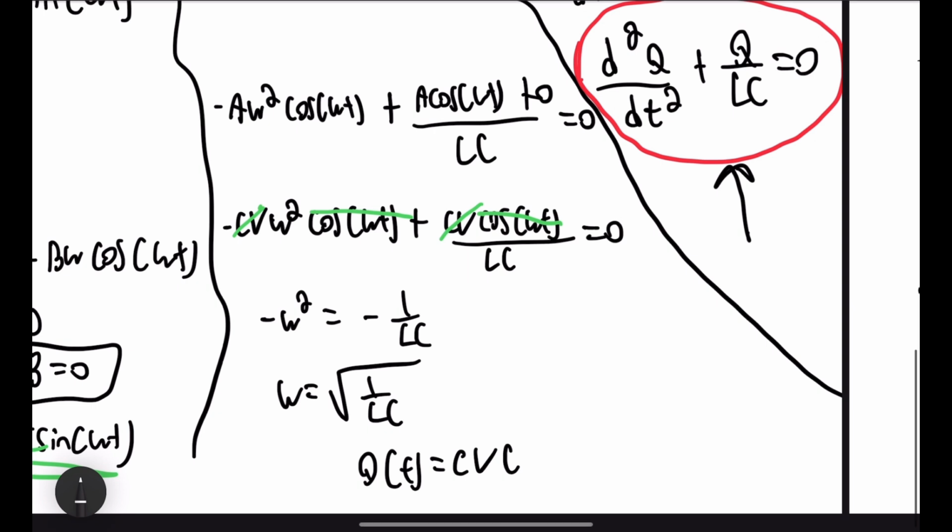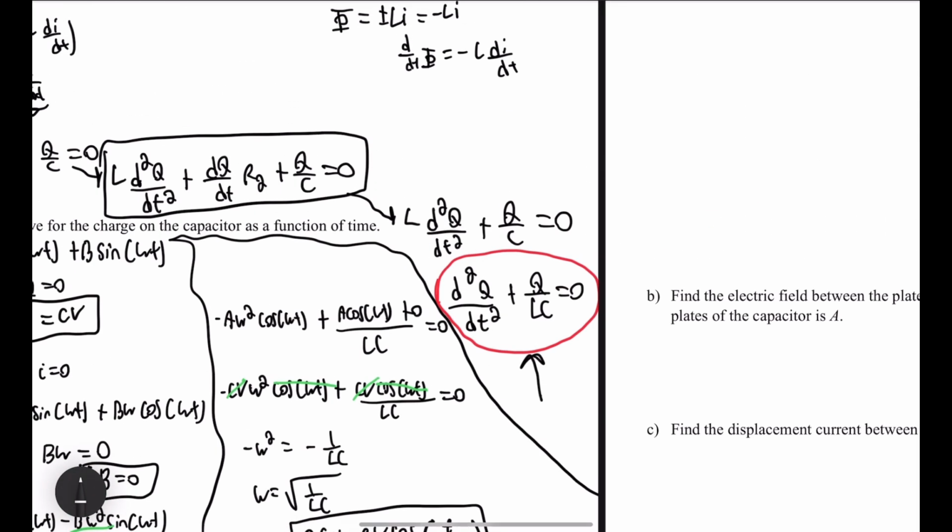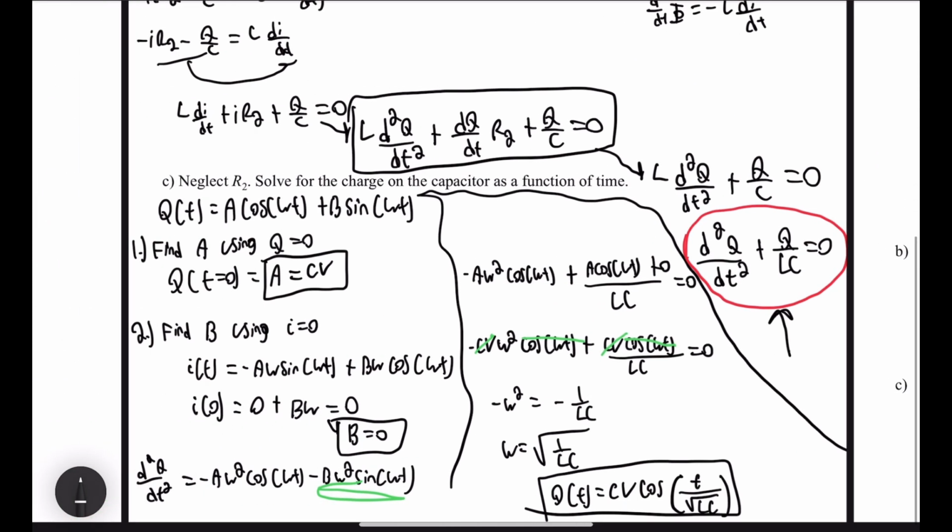Cosine of omega t. So it's just t over square root of LC. Yeah, that's how you would solve second order circuits. Just make sure you make the guess of A cosine omega t plus B sine omega t.